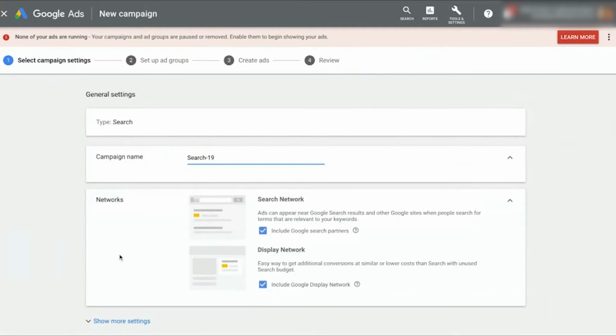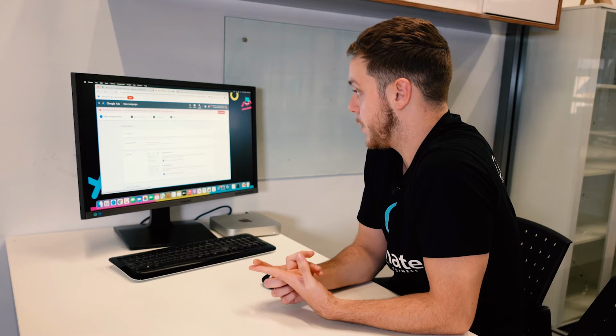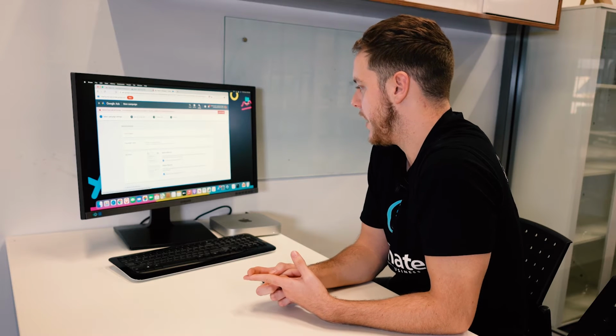And then your campaign should generally be structured, if you haven't before set up any campaigns, you generally want a general campaign for the product or service that you're selling. So in this case, obviously, we're just on Caffeinate's Google Ads account.